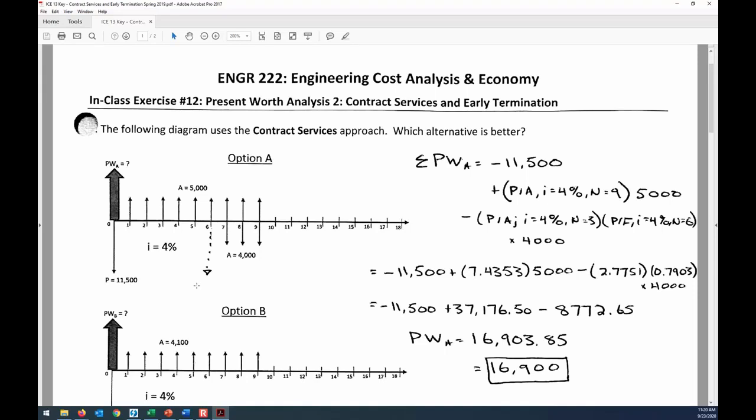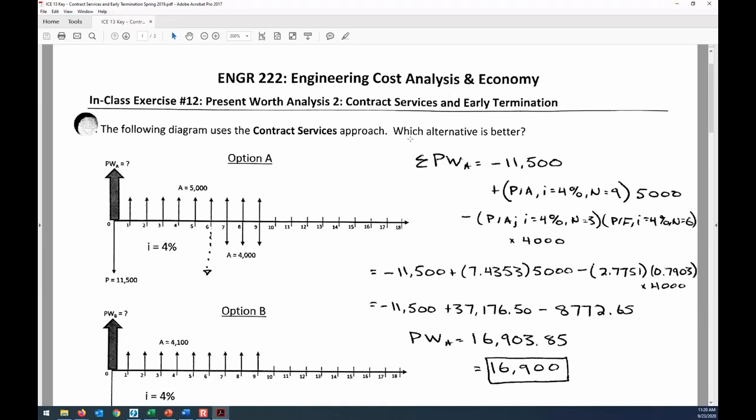And so the P, the so-called P with air quotes, because it's really a quasi-present value, is going to be in year 6. And then I'll take it from year 6 to year 0.